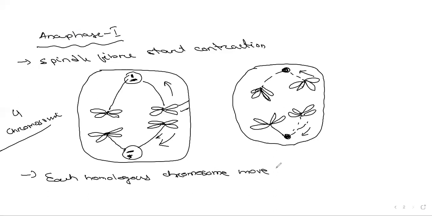Out of these 2 homologous chromosomes, this one will move towards this pole, and this will move towards this pole. And the chromosome number is getting reduced to half, because after that this part will form one cell and this part will form another cell.